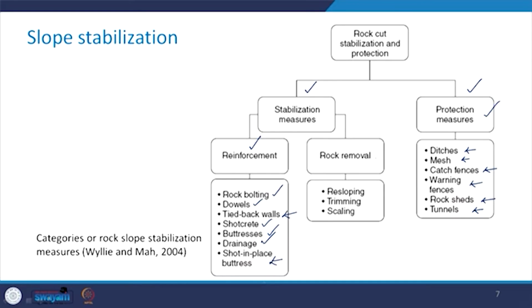But before that, the other method which can be used for stabilization is rock removal, and this includes resloping, trimming or scaling of the slope in order to make it more stable, with a larger value of the factor of safety.